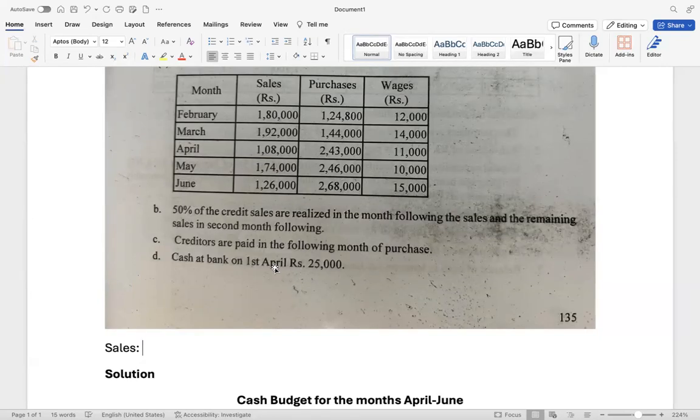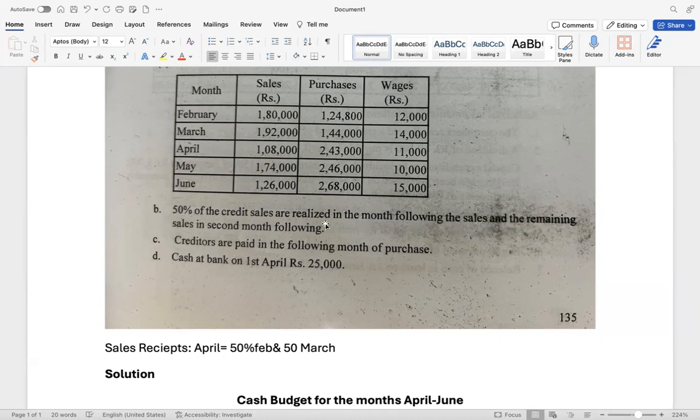April receipts are sales receipts. April receipts are 50% of February and 50% of March. That's what the sentence says, right? 50% of the credit sales are realized in the month following the sales, and the remaining in the second month.